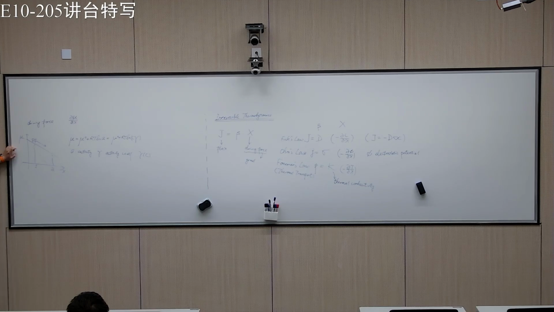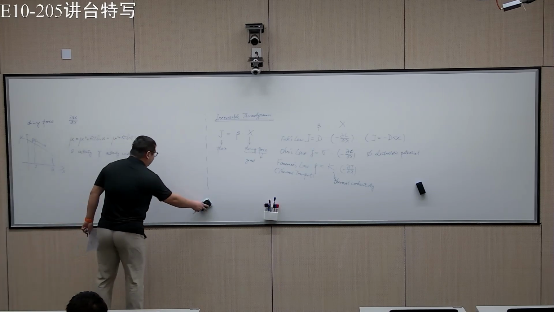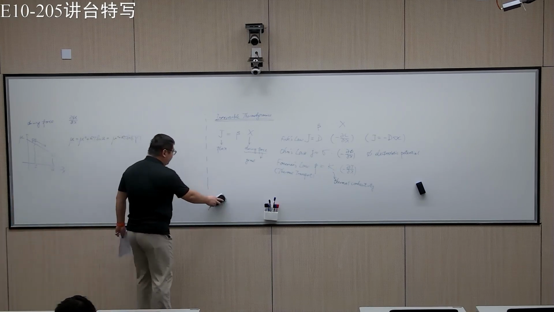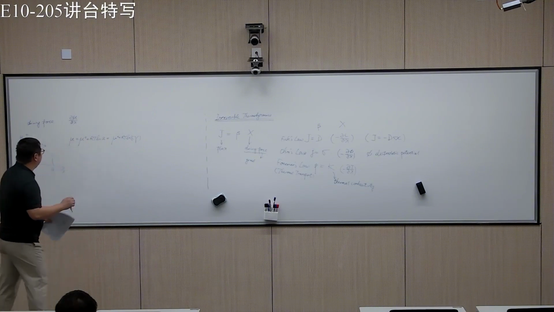So there is something called uphill diffusion, where you actually have diffusion from low concentration to high concentration, because the real driving force is actually the gradient of chemical potential rather than the gradient of concentration. Okay. However, you can link these two.